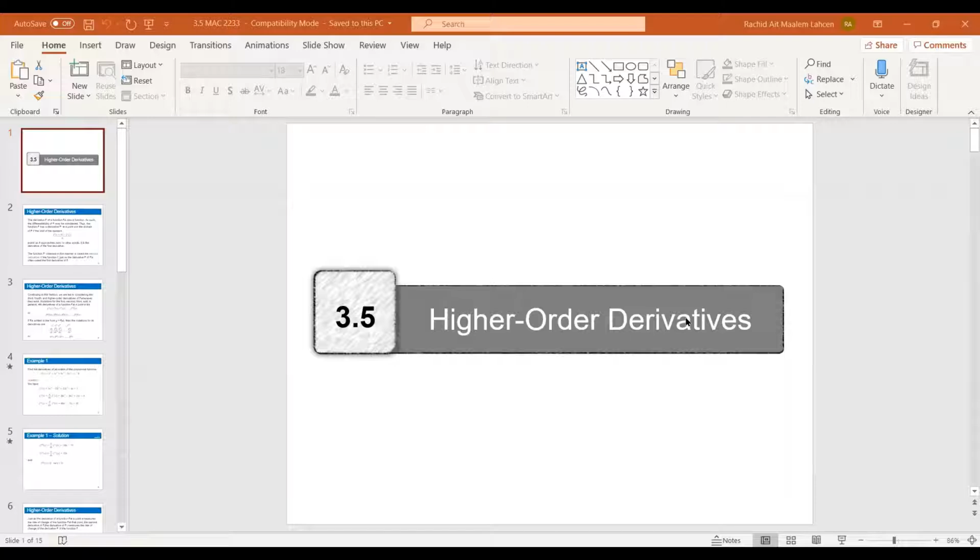It's the same idea. The second derivative represents the rate of change of that first derivative.